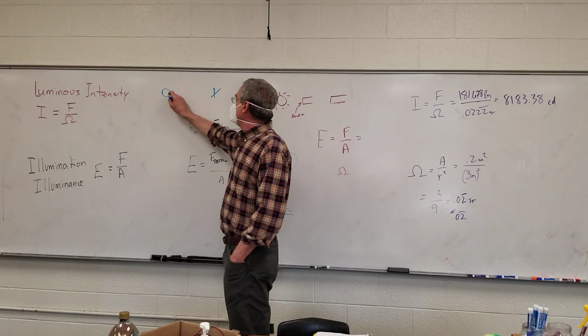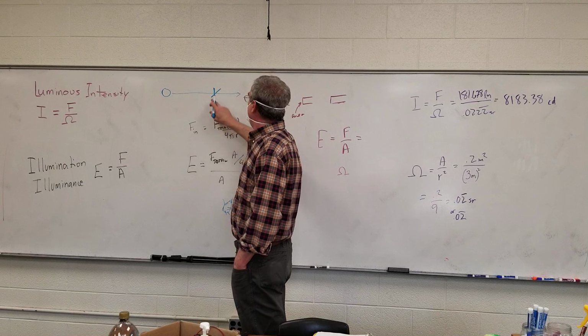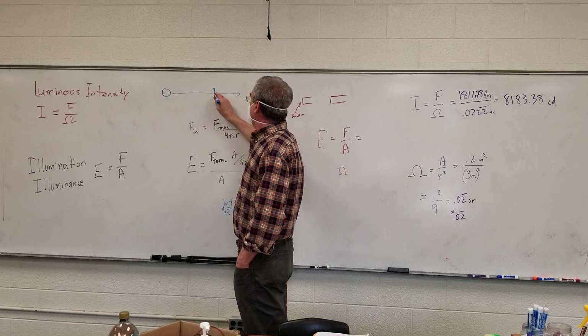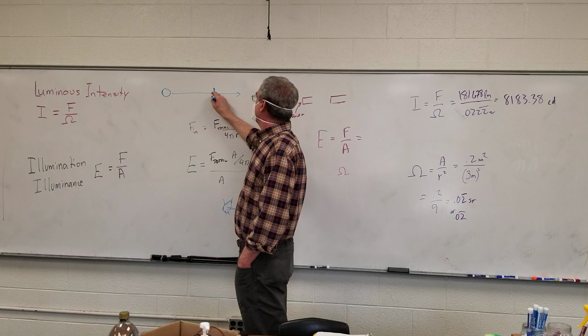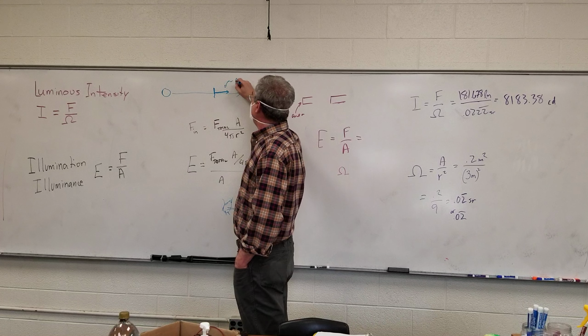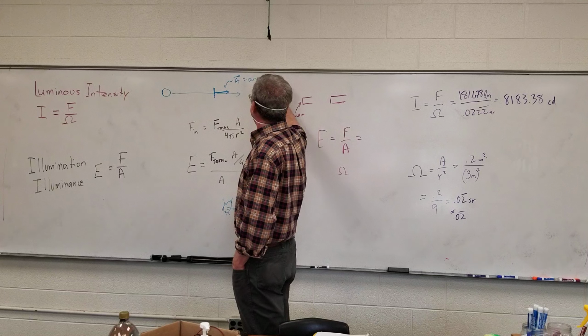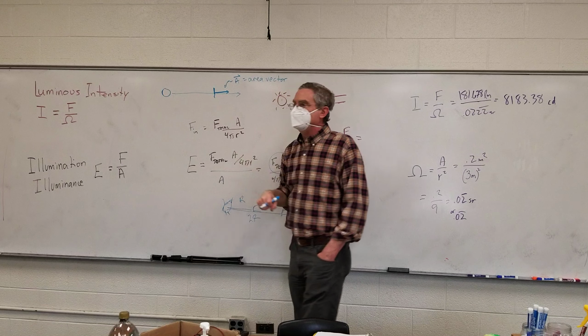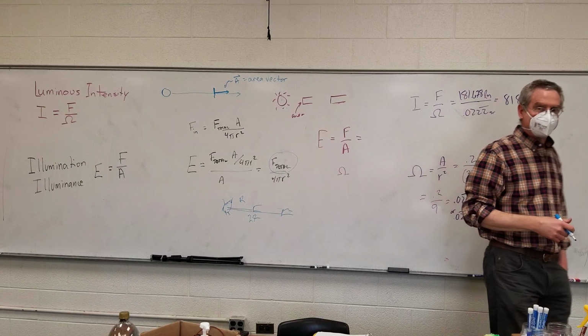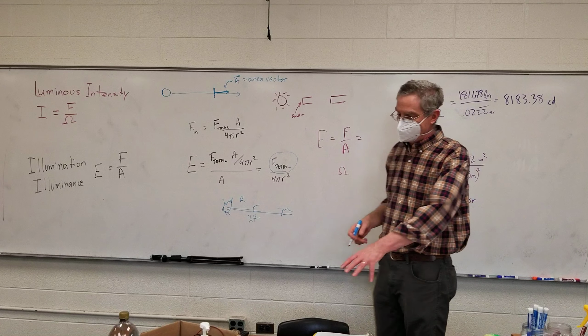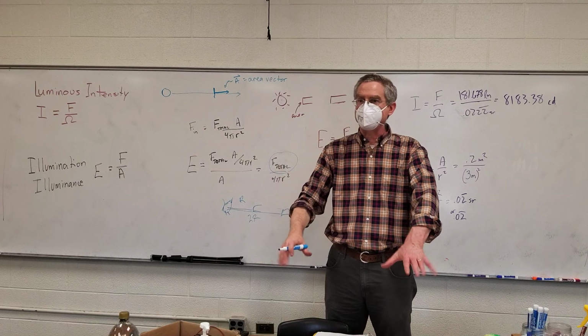So if we think about the light coming in at that angle right there, and the surface here pointing in that direction, this would be known as an area vector. The area vector is perpendicular to the surface, so if I deal with an area vector of the top of this table, the area vector would be pointing upwards.